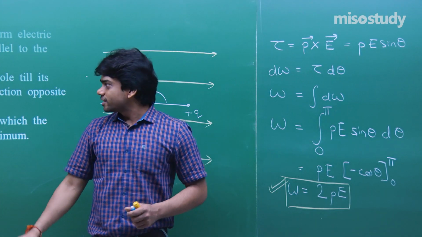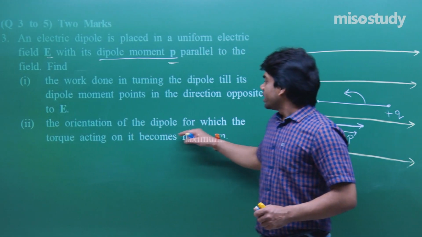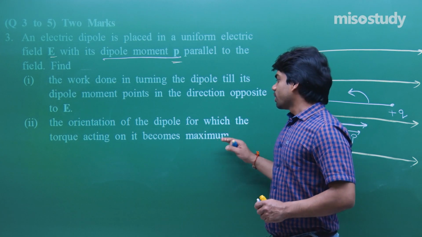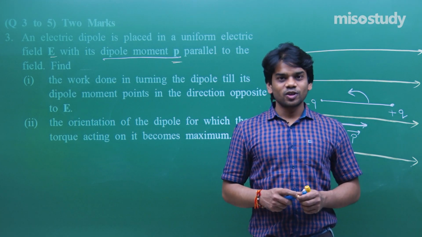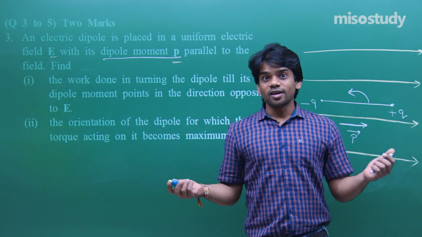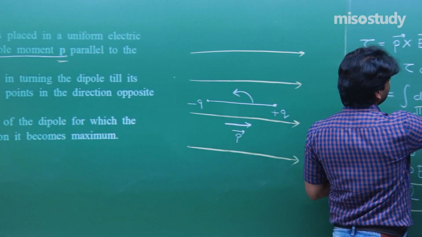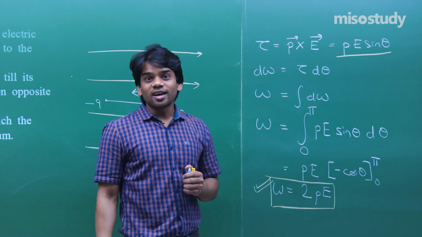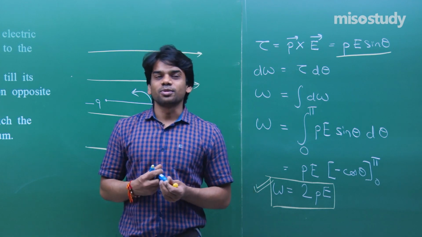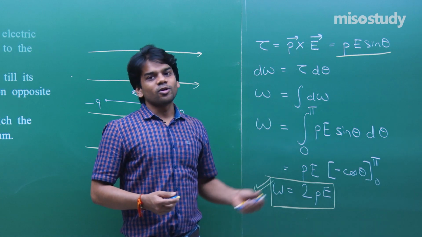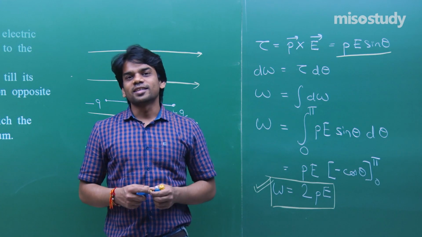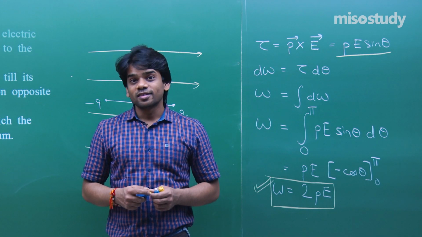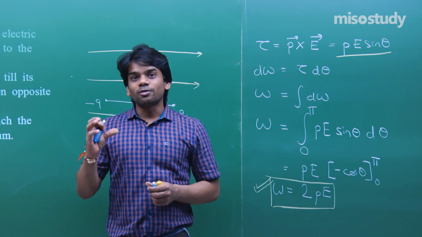Next thing, the orientation of the dipole for which the torque acting on it becomes maximum. Torque should be maximum. What is torque? Torque is PE sin theta. That means sin theta should be maximum, and sin theta is maximum when the angle theta is pi by 2.